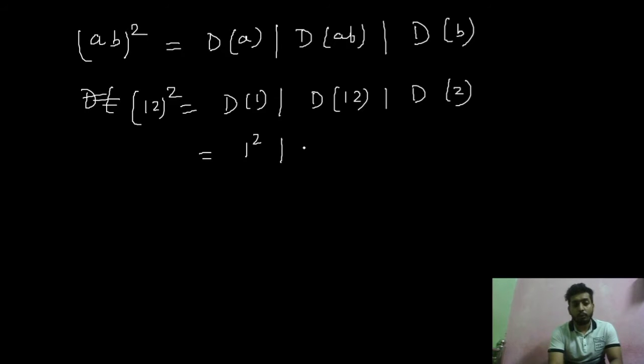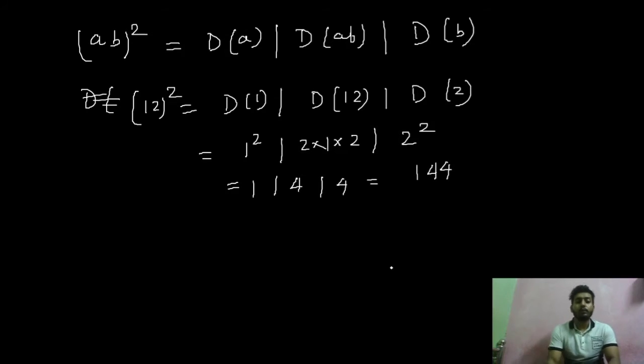The duplex of 12 will be 1 into 2 multiplied by 2, and the duplex of 2 will be 2 square. So 1 slash 4 slash 4, that is 144. 144 is the square of 12. We all know the square of 12. I am using this example so that we can verify the result. So we know 12 square is 144.